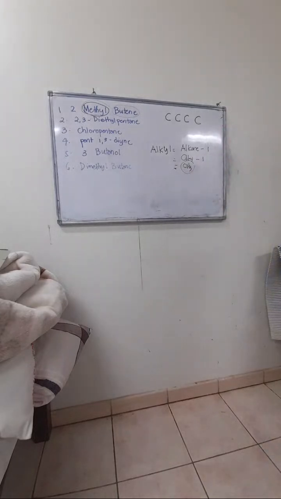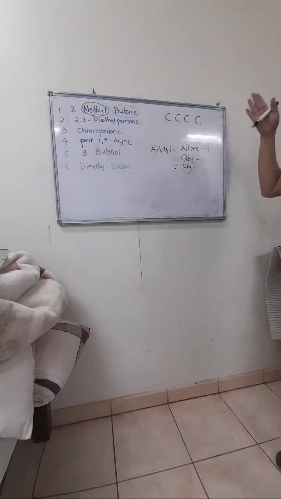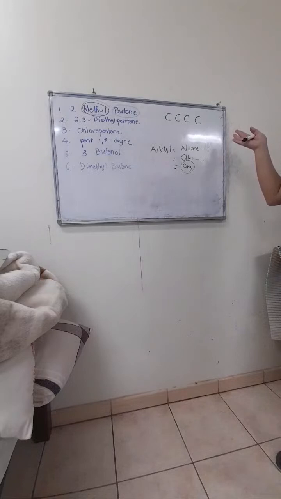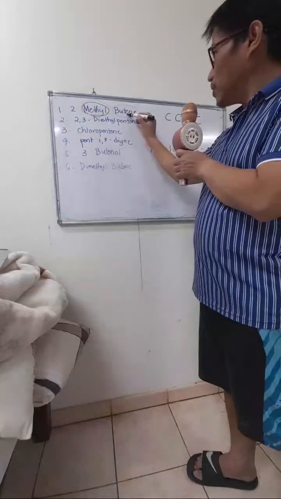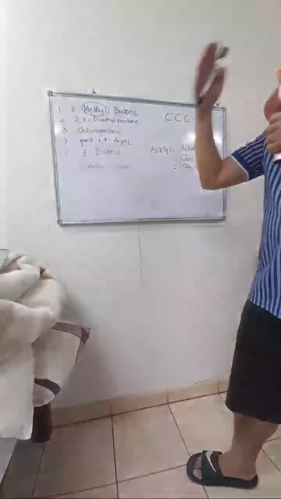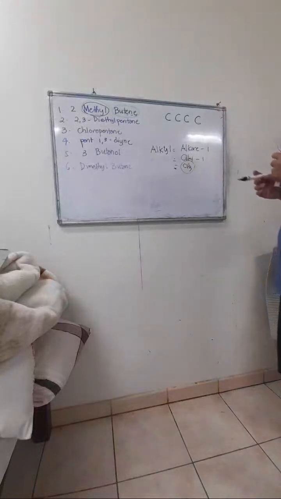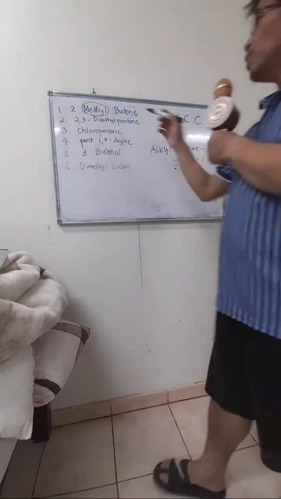Okay, going back to butene. The third step, go to the bonds, whether it is a single bond, double bond, or triple bond. Here it is a double bond, because of the ene. Then what is your number? 2.